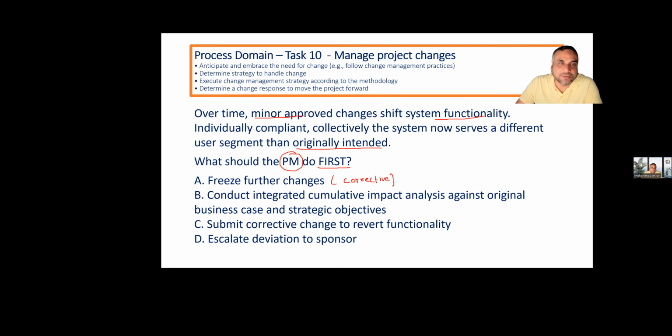Preventive, you don't want it to happen. Corrective, it has happened first and now you are fixing it. It's not a defect repair because there is no defect, functionality has changed. So it's a preventive action or corrective action. Based upon the corrective action, you are doing the preventive action. So the first action is actually corrective.